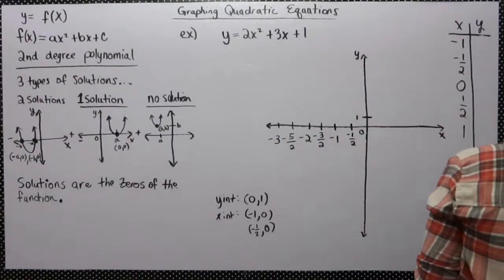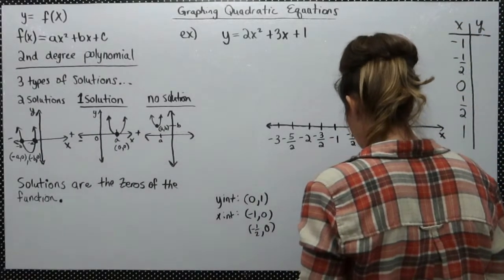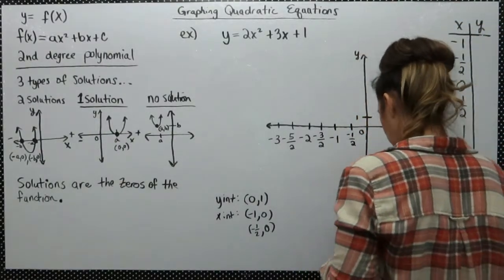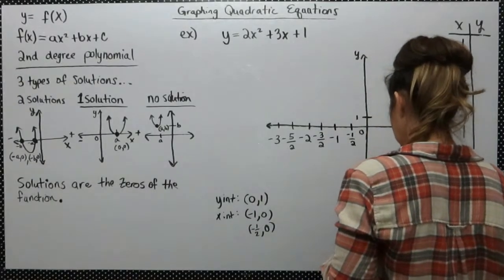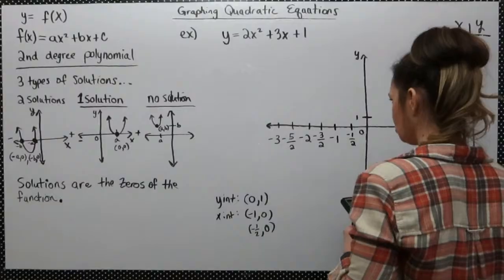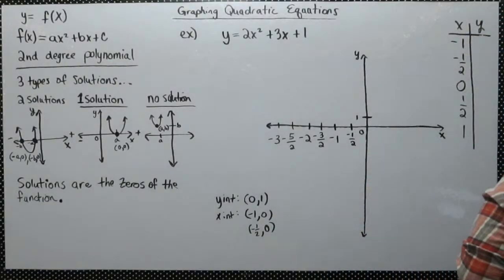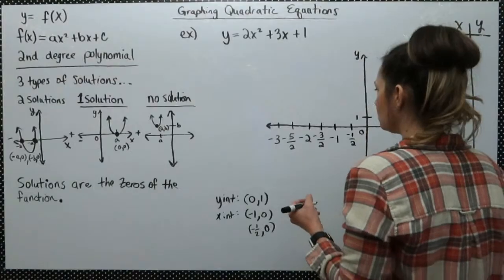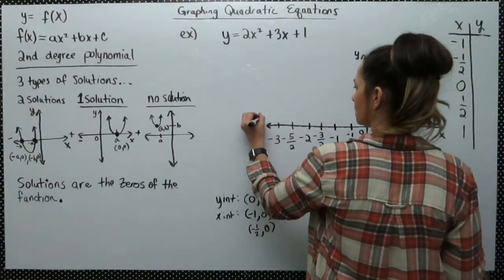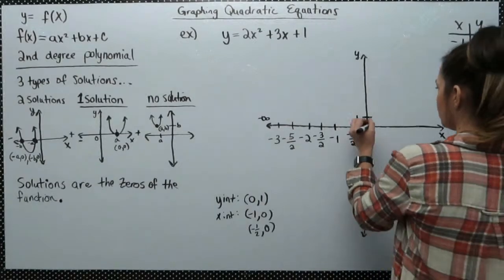Let me check my math. I'm over here doing mental math. Not good. Okay. So 3, I know 3 divided by 2 is 1.5, but it's 5 halves, 2. Yeah, okay, good. All right. So that'll work. Negative infinity. All right. So we've got our critical values here.